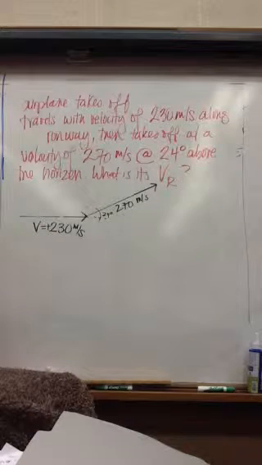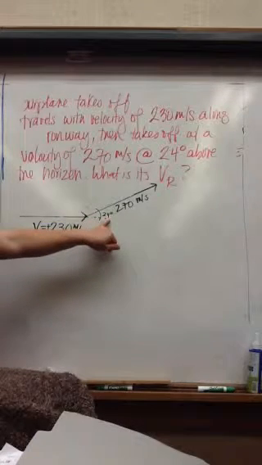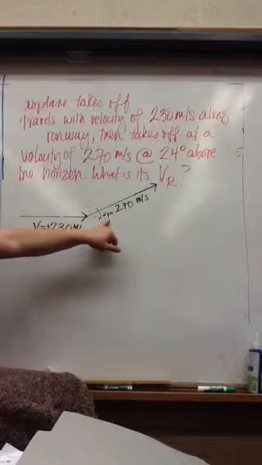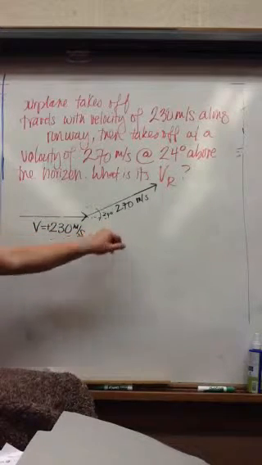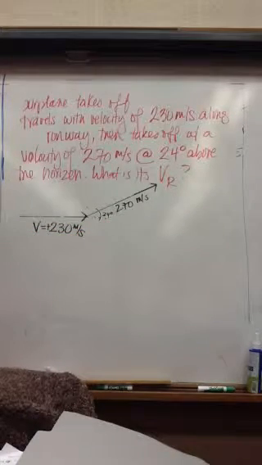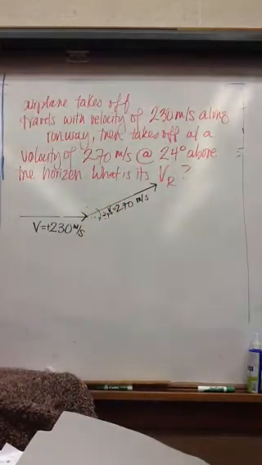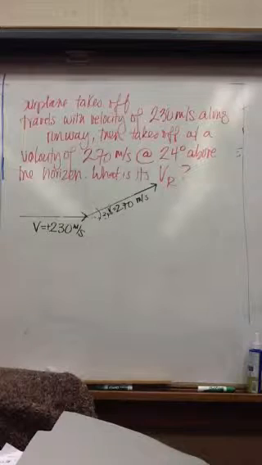When you're doing vectors that are off at angles other than 90, it's a really good idea to show your angle there. That's a visual reminder for you, and it also clarifies it if somebody else is looking at your construction. So we can't really say positive, negative. It's just 24 above the horizon.